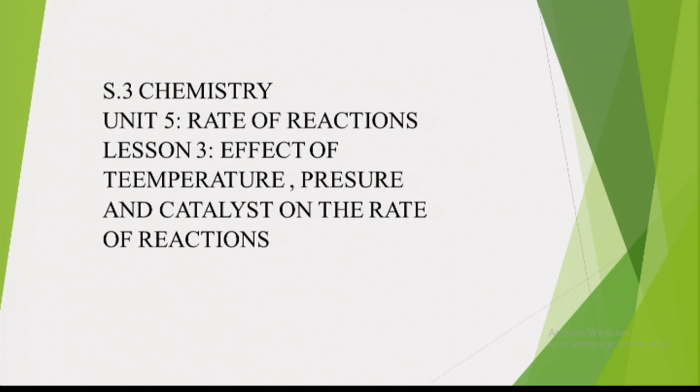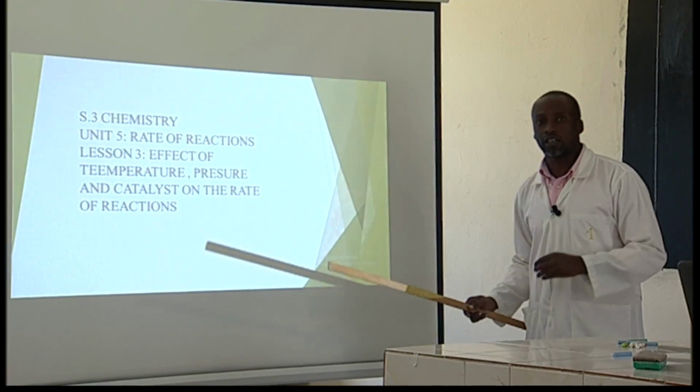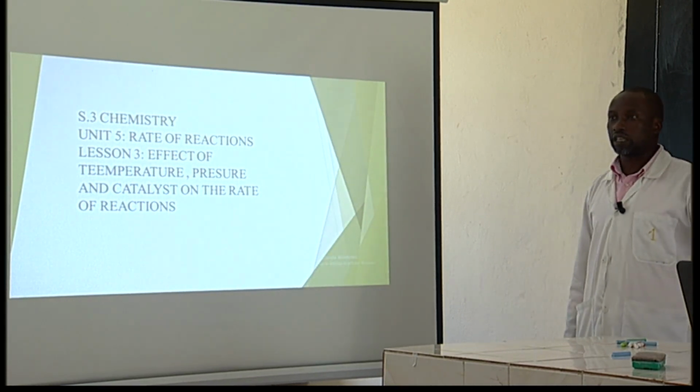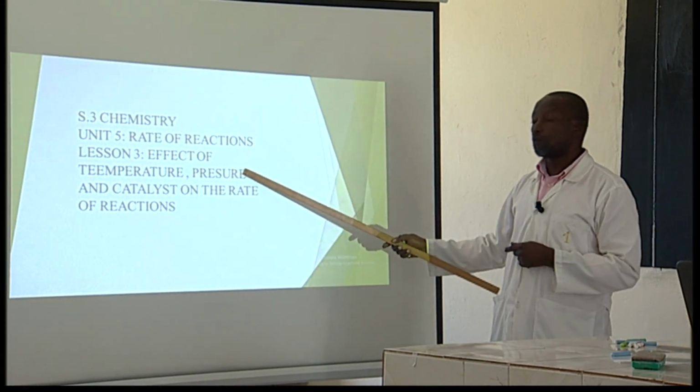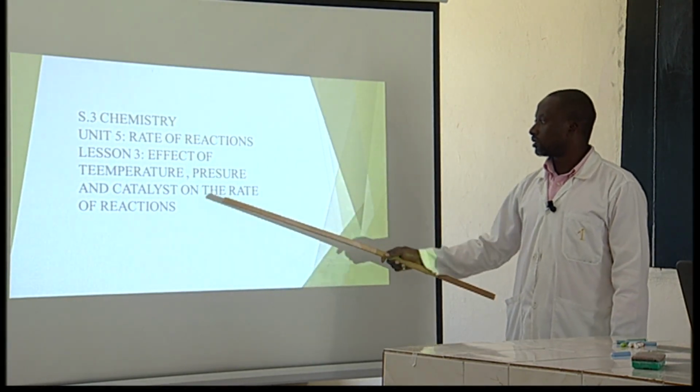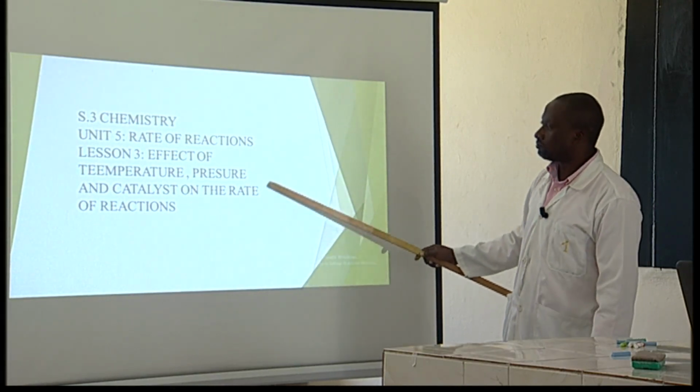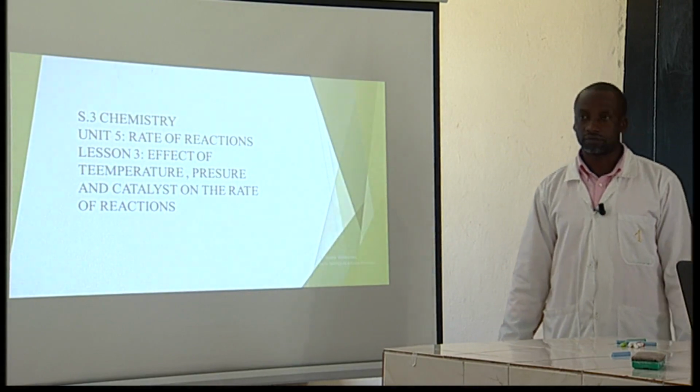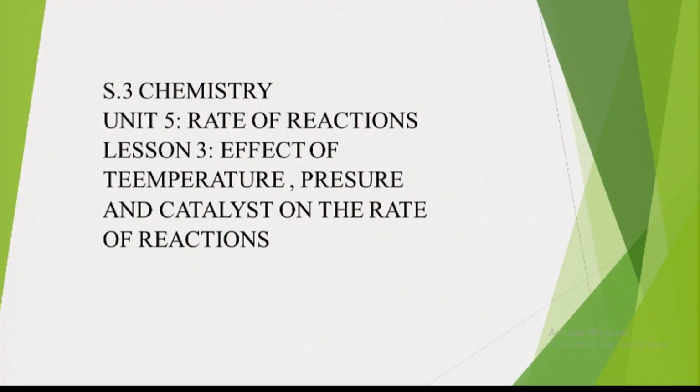We are still talking about the effect of other factors, because we had even mentioned these other factors. These are some of them: we look at the effect of temperature, pressure, and catalyst on the rates of reactions. If time allows, we'll also look at the effect of increasing the surface area of the reacting particles.